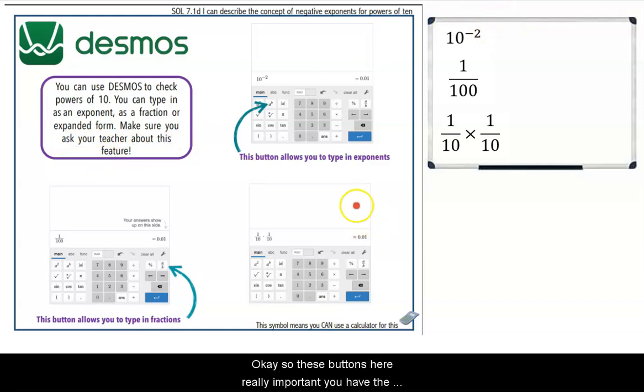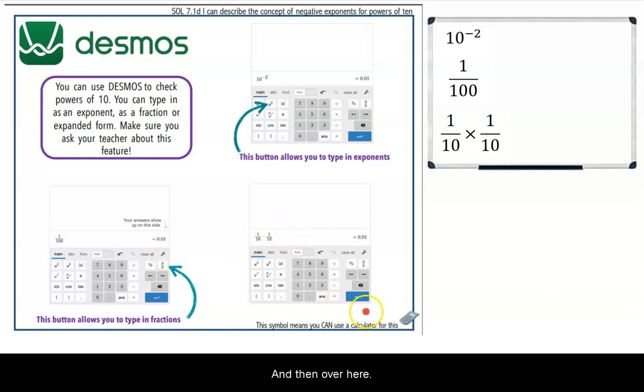Okay, so these buttons here are really important. You have the A to the B button. That's what we're going to use for entering in our exponents. The other button that's really important here on your Desmos calculator is the A over B. That's our fraction key.